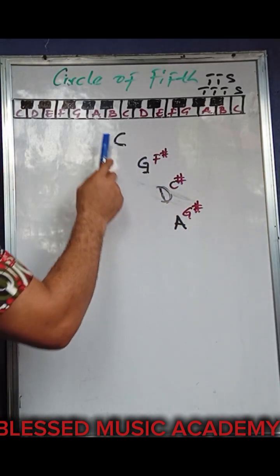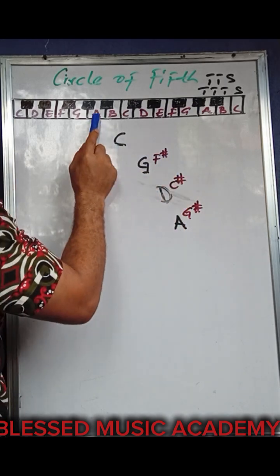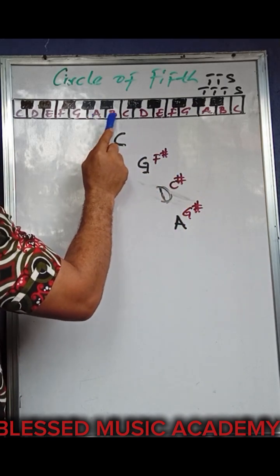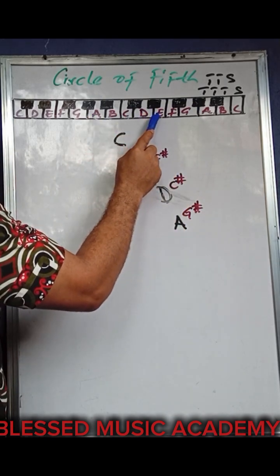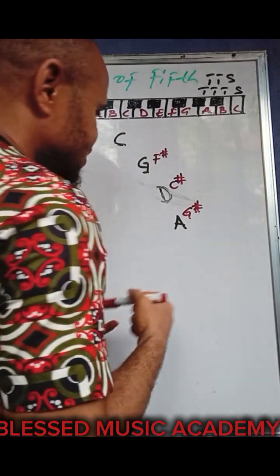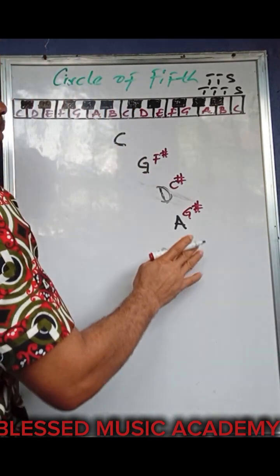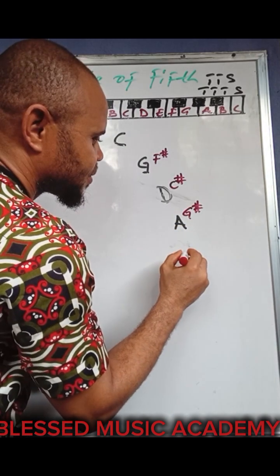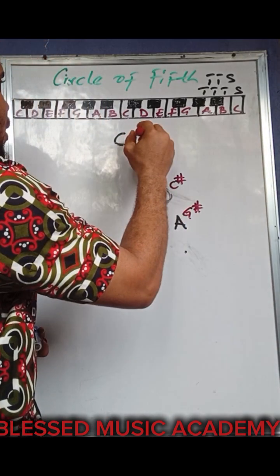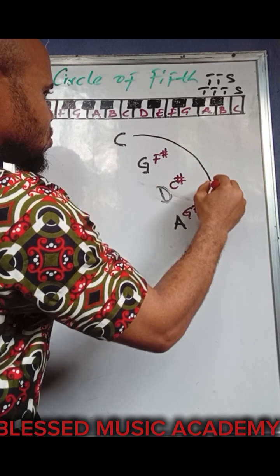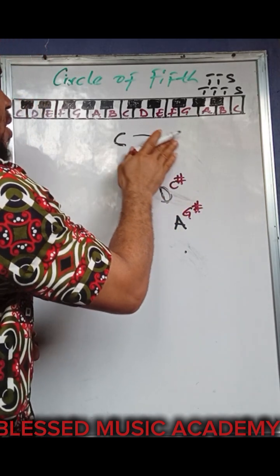What is the next key to construct the circle of fifth? This is A. 1, 2, 3, 4, 5, which is E. The next one is E. Don't mind me, I'm going to be doing a circle.